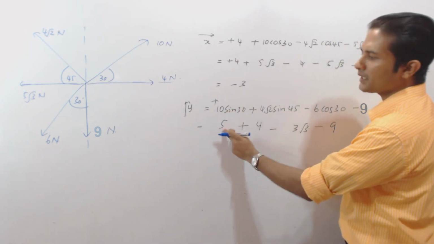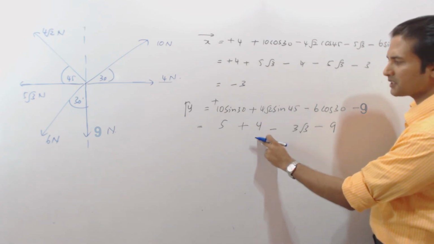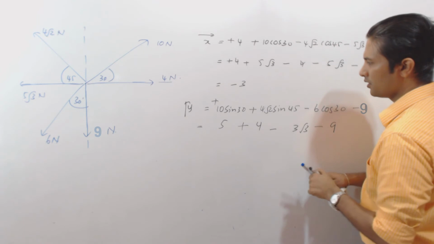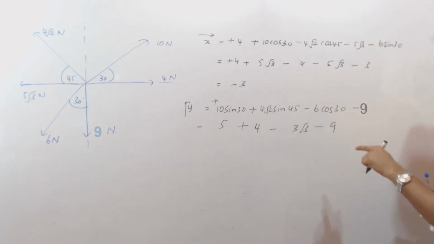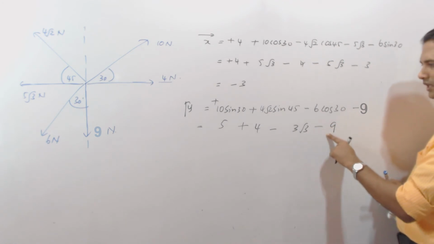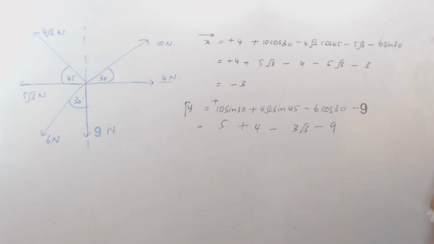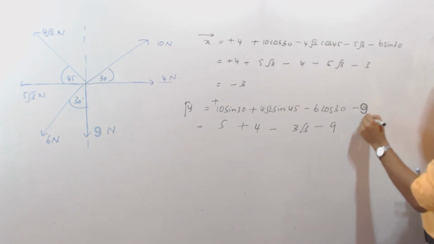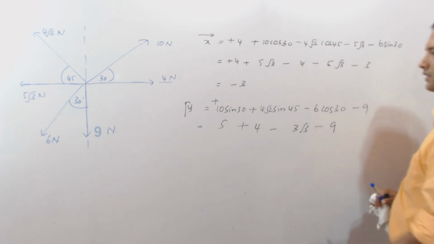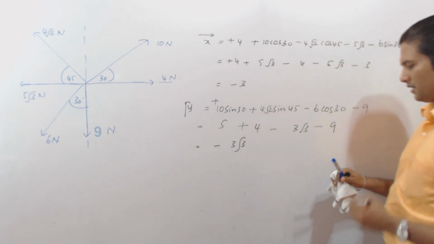Since 10 sin 30 is 5 and 4 root 2 sin 45 is 4, and then this is 6 cos 30, that is minus 3 root 3. This should be minus 9. Then the answer becomes minus 3 root 3.